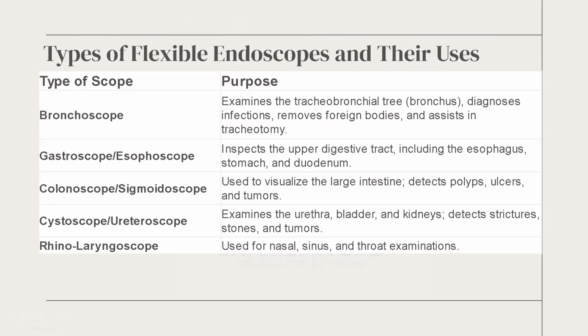Types of endoscopes and their uses. Bronchoscope. It examines the tracheobronchial tree. You see that when we started, we saw some branches, some tree-like thing. My science, my biology is gone. I can't remember those two branches.